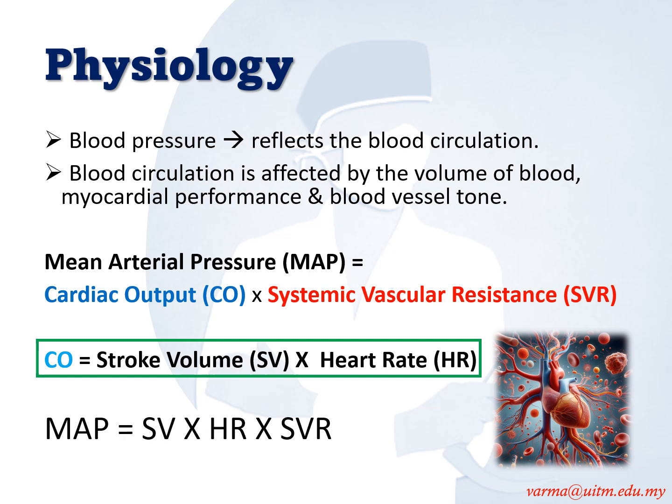Thus, when we extrapolate this equation and substitute the cardiac output equation into the mean arterial pressure equation, we get a formula of mean arterial pressure equivalent to stroke volume times heart rate times systemic vascular resistance. So this is to tell that all these factors can affect our blood pressure.